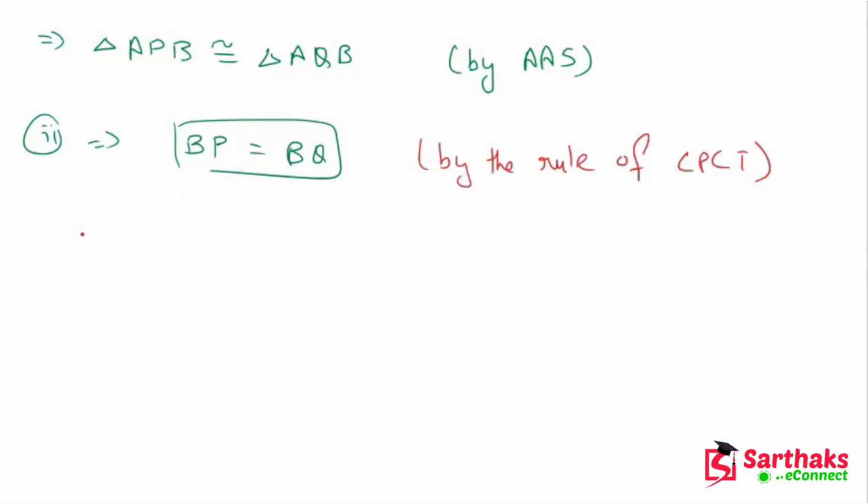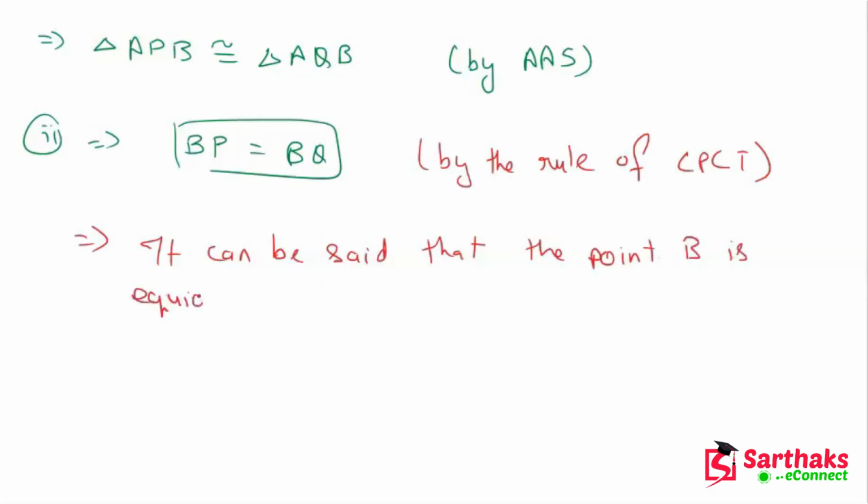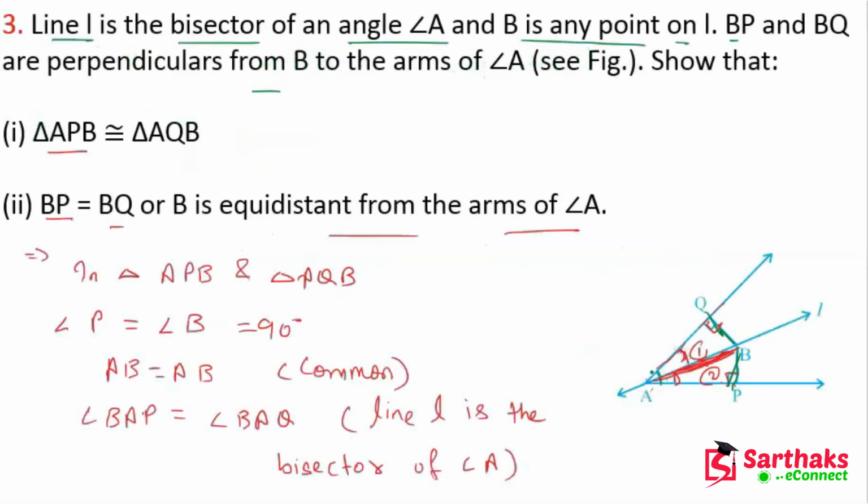So we can say that it can be said that the point B is equidistant from the arms of angle A, from these arms.